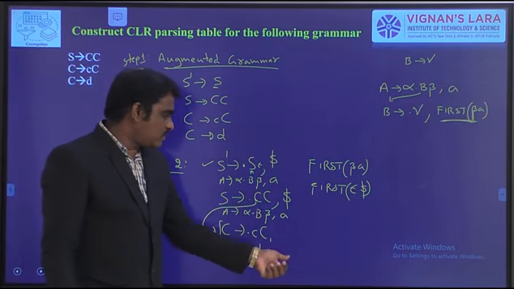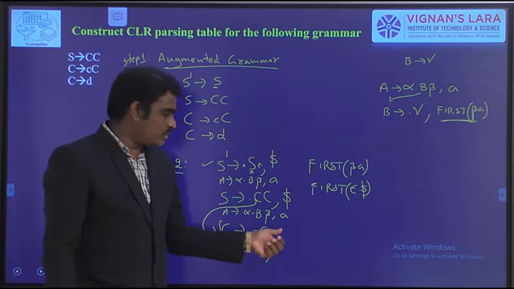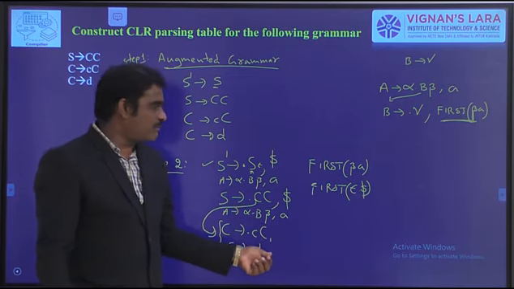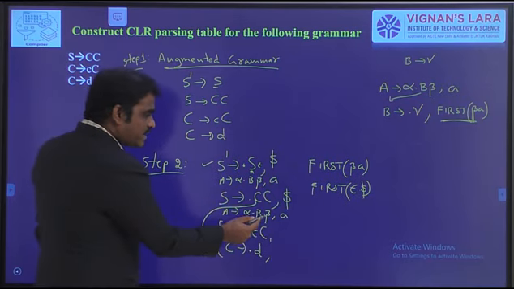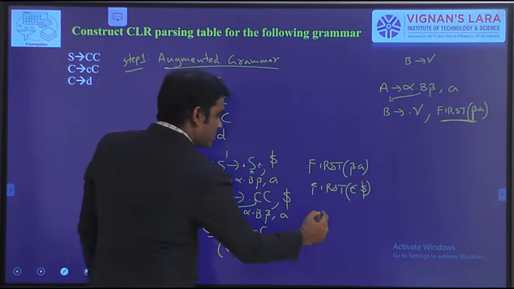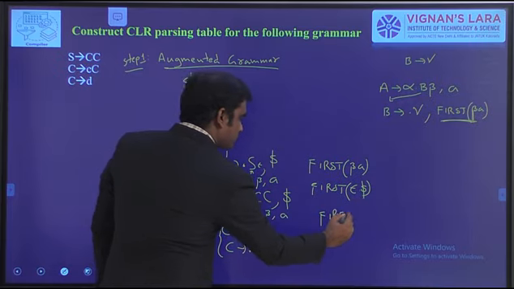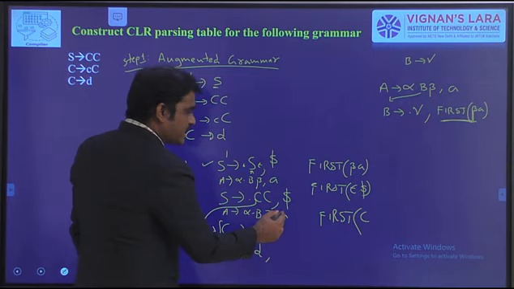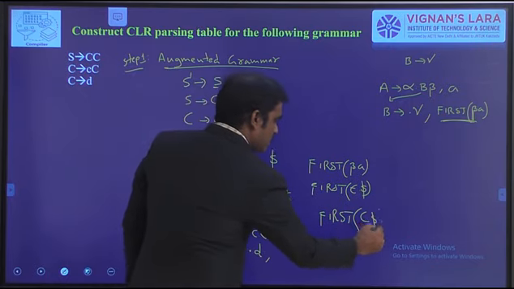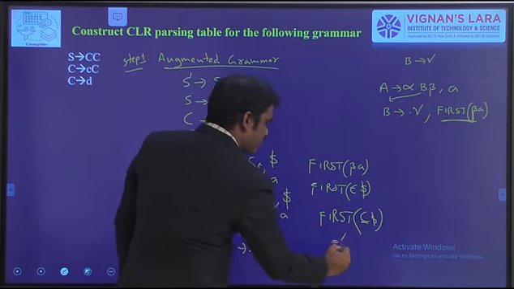Now how to calculate the lookahead symbol? What is the formula? First of beta A. Now what is beta? In this case beta means C. That means first of capital C, and A is dollar. What is first of C?